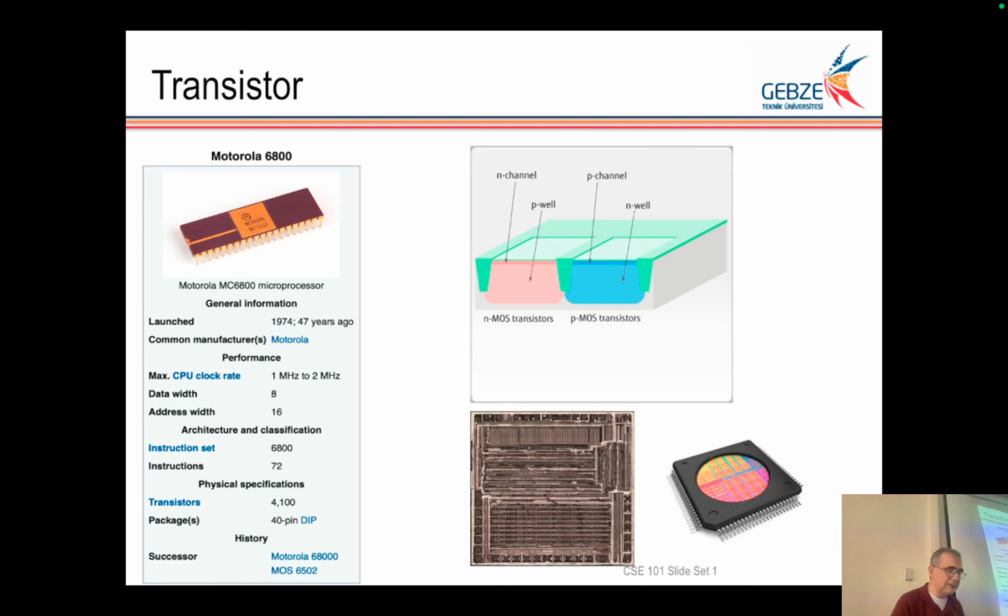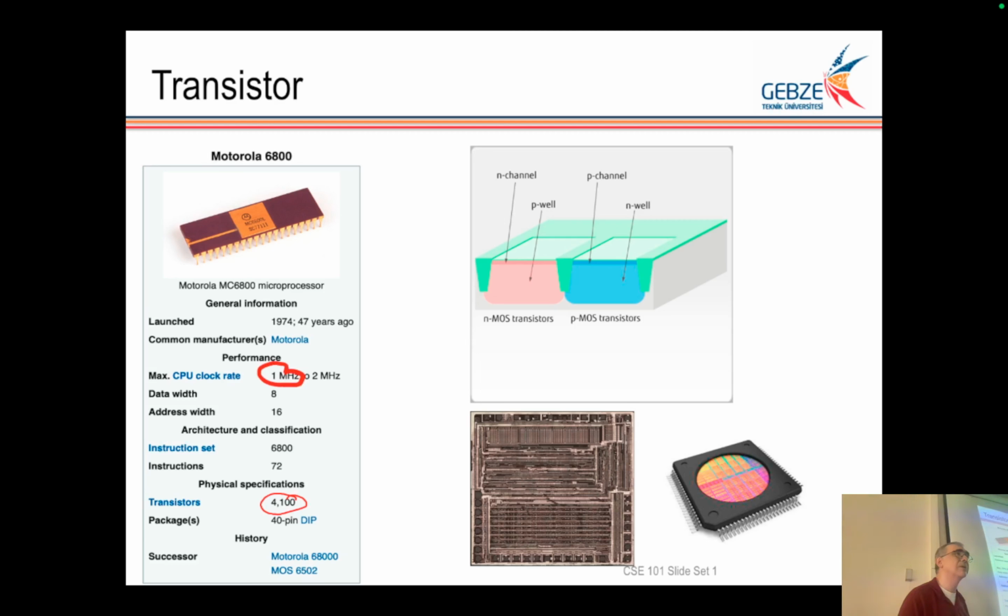So we have at least hundreds of thousands of transistors on a chip. The first one in 1974 had 4,000 transistors. That was the Motorola 6800, and it was running at 1 megahertz.